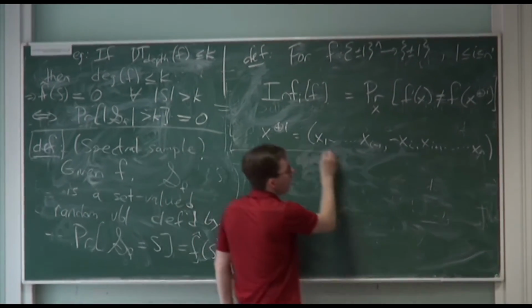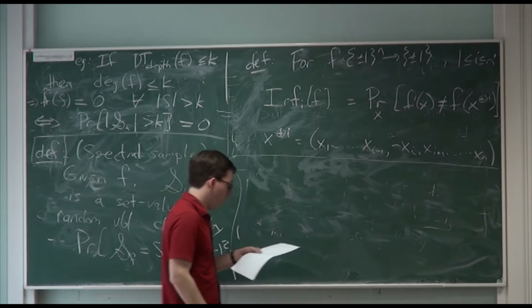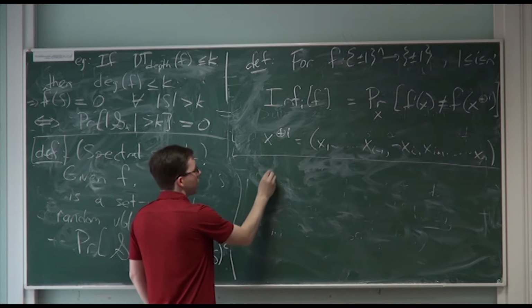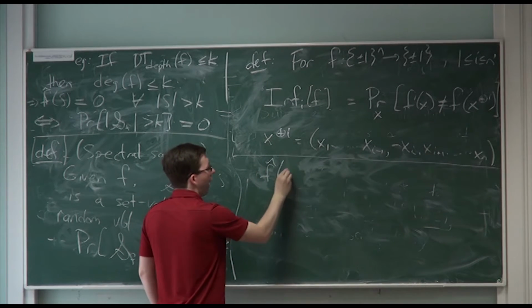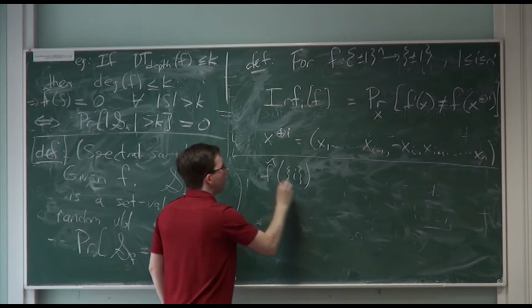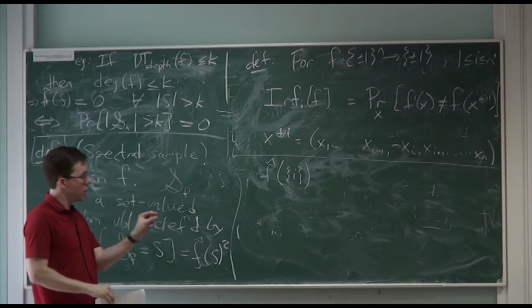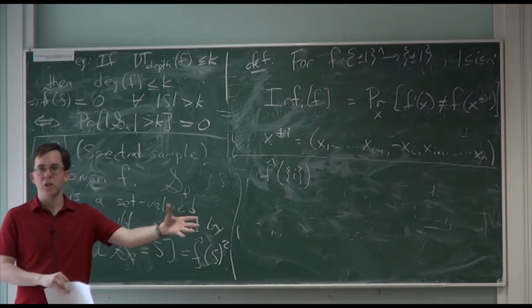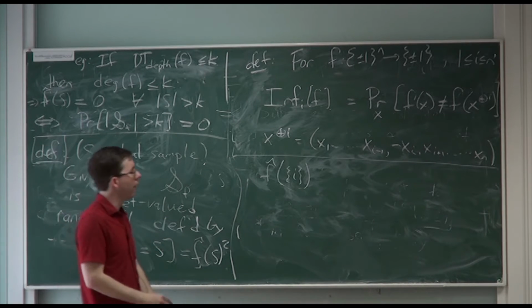You might remember one of the first examples I did was concerned with f hat of i. This is the coefficient on just the singleton x_i in the Fourier expansion, the polynomial representation of f.